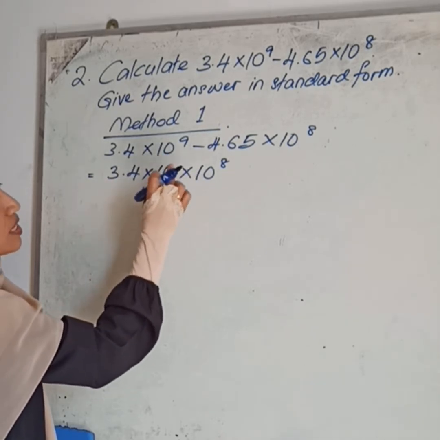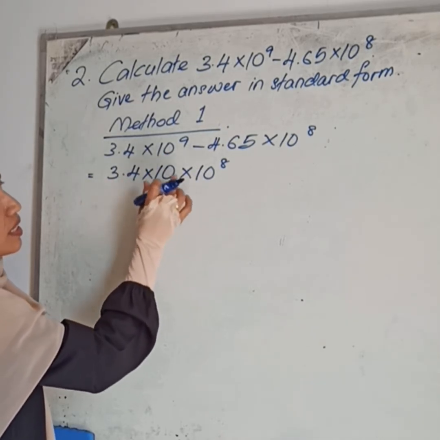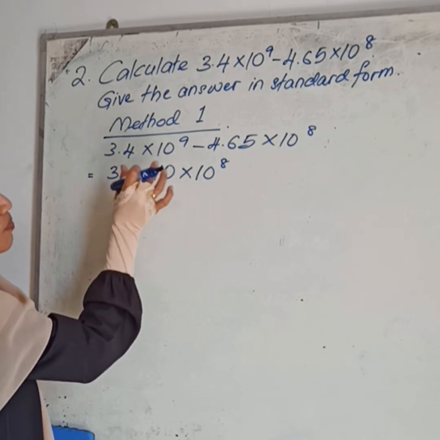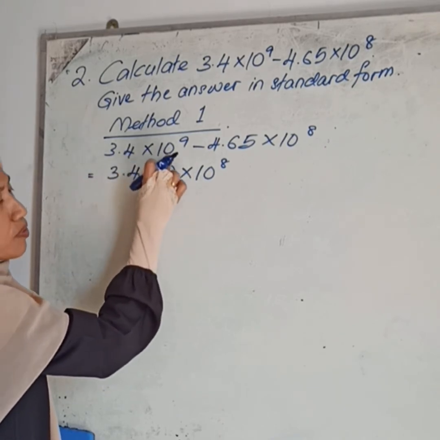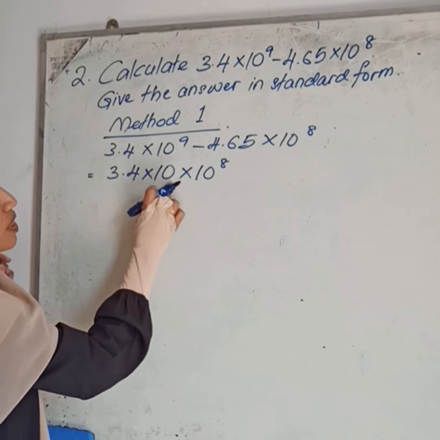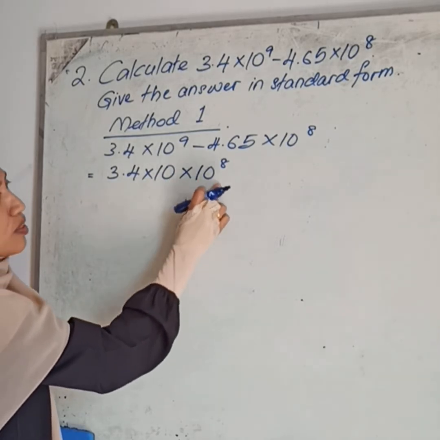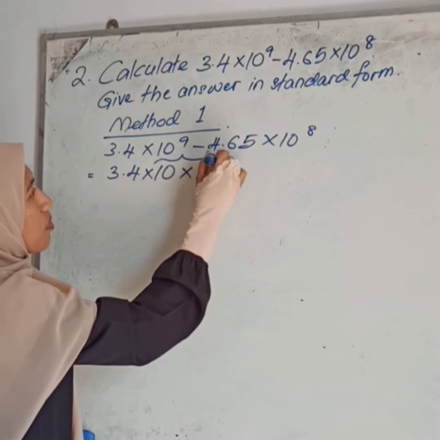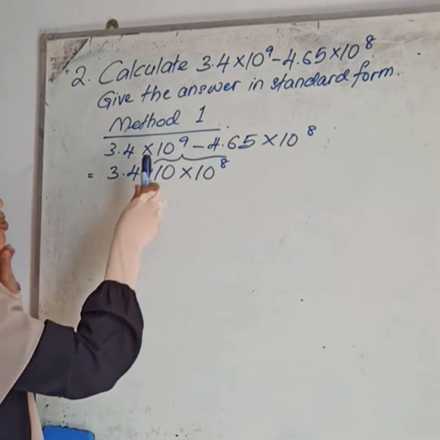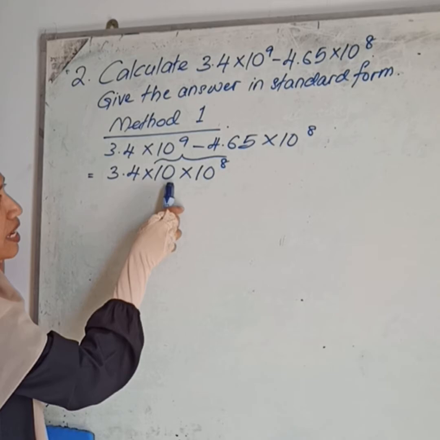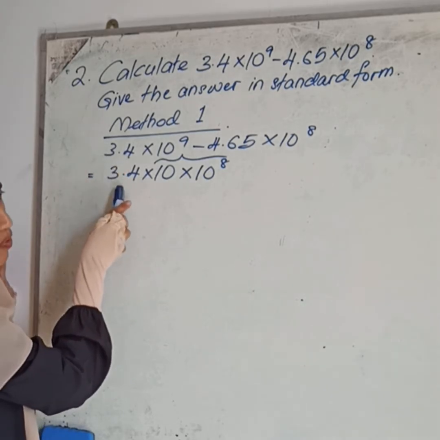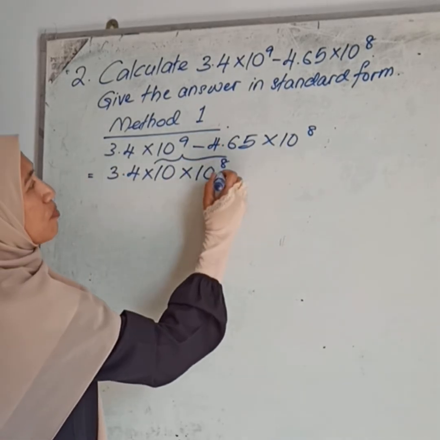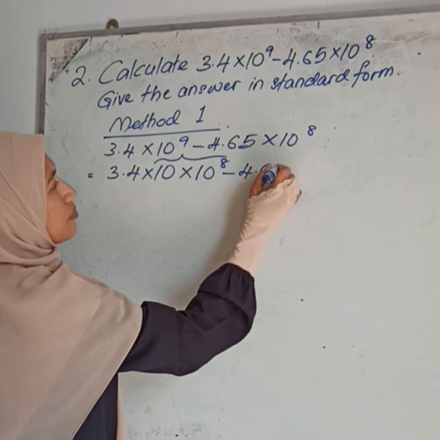So we just change the form from 3.4 times 10 to the power of 9 to 3.4 times 10 times 10 to the power of 8. So 10 times 10 to the power of 8 equals 10 to the power of 9. The second term we just copy.